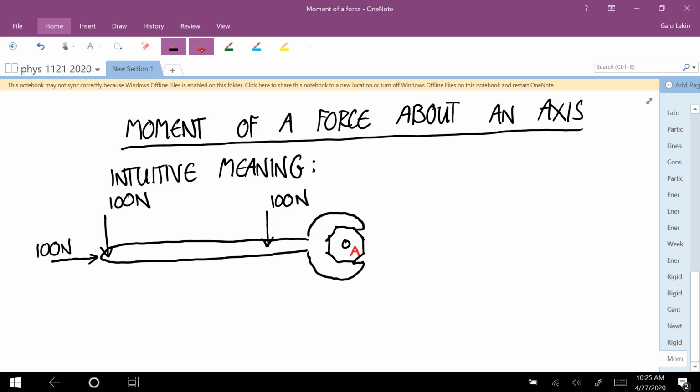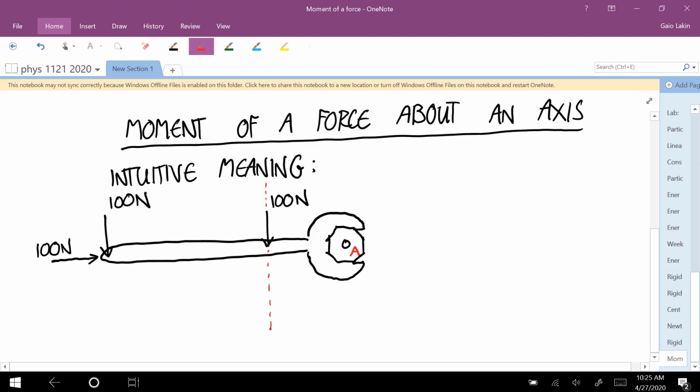And so it turns out that what matters is the distance from the line of action of the force to the axis. So let's say that the line of action of this force is this, okay?